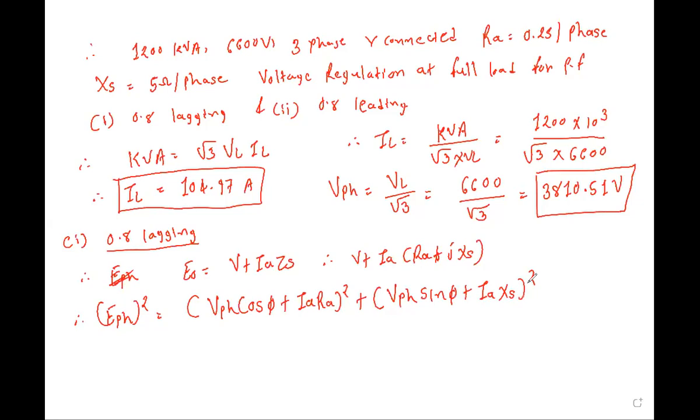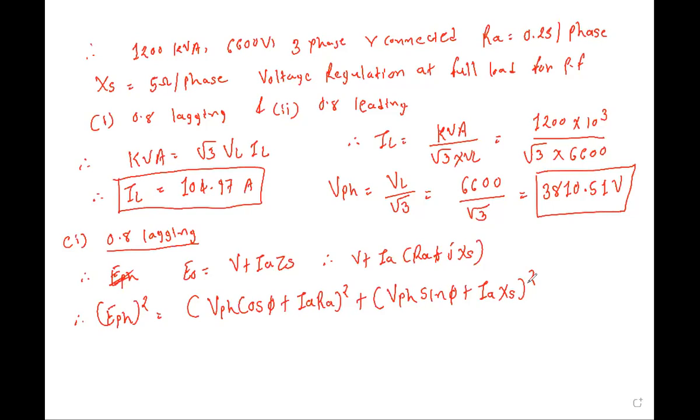Simply again, I am telling you why we have this equation. We have the generalized equation E0 is equal to V plus IA ZS. But in this case we do not ignore the power factor. Here they are giving the power factor cos φ 0.8 lagging. So my armature resistance is my active component and my inductive reactance XS is my reactive component.